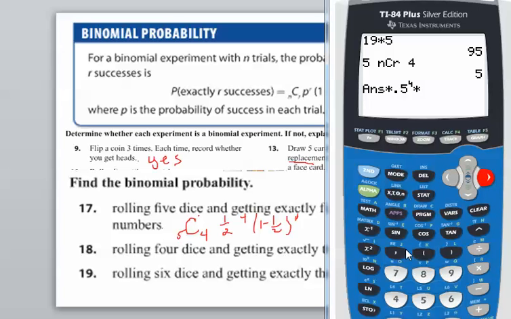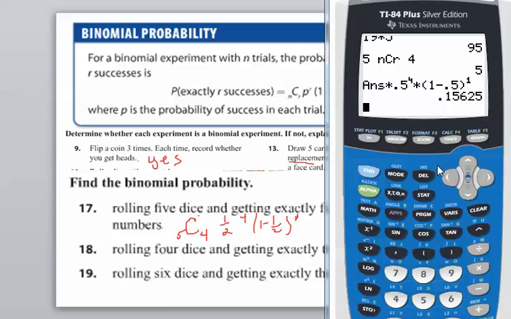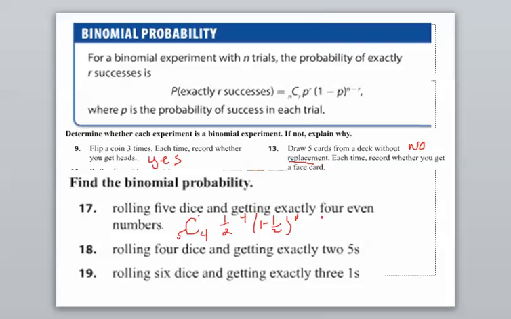Times parenthesis 1 minus 0.5, raised to the 1st power. I hit enter, and it tells me 0.15625. So we've got a 15.6% probability of getting 4 even numbers.